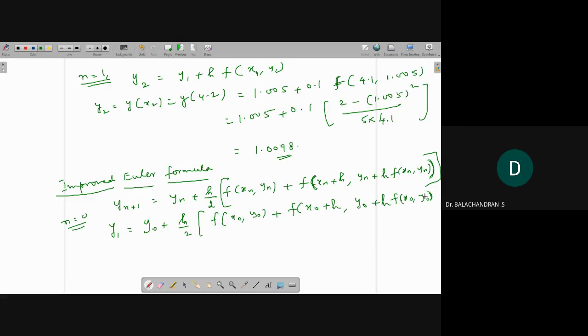For this bracket I have this bracket, for this one more and then one more. Now we should find first f of x0 comma y0.